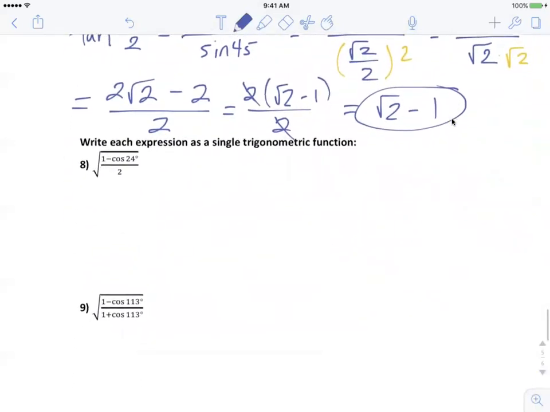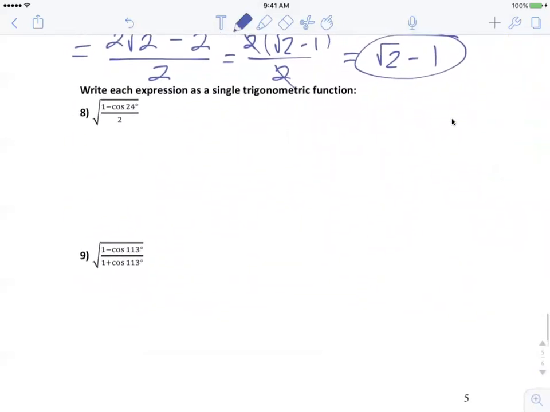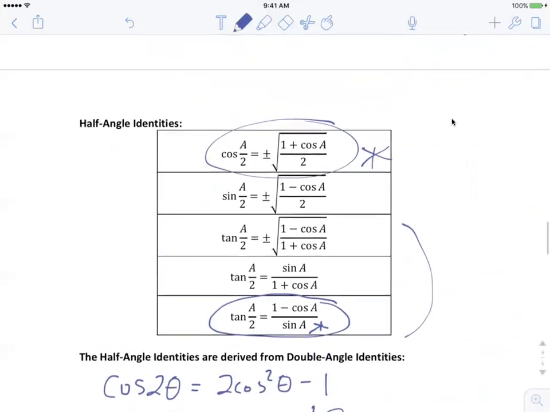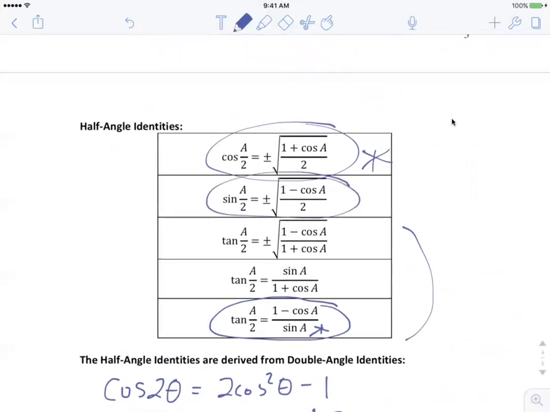All right. How about these kind? These are a little different. Now you're starting with the right side of the identity, noticing the pattern, and then writing it as the left side. Okay. So this one I have 1 minus cosine over 2. That's the sine. 1 minus square root 1 minus cosine over 2.